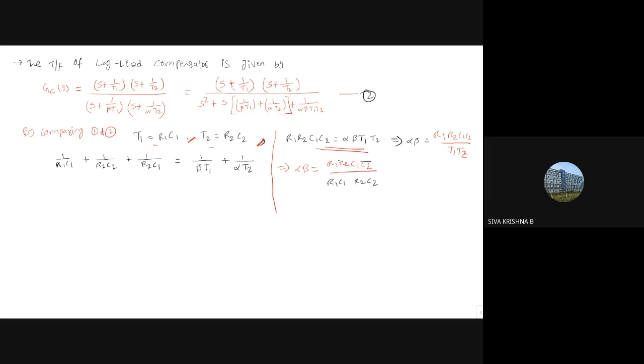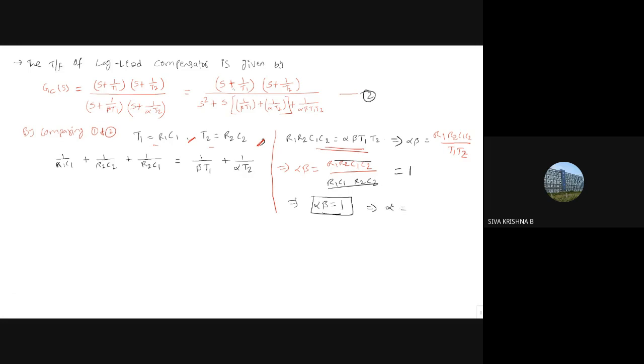So these all get cancelled, these all get cancelled. That is equal to 1. Right? That is alpha into beta equals 1. And what about alpha from this?